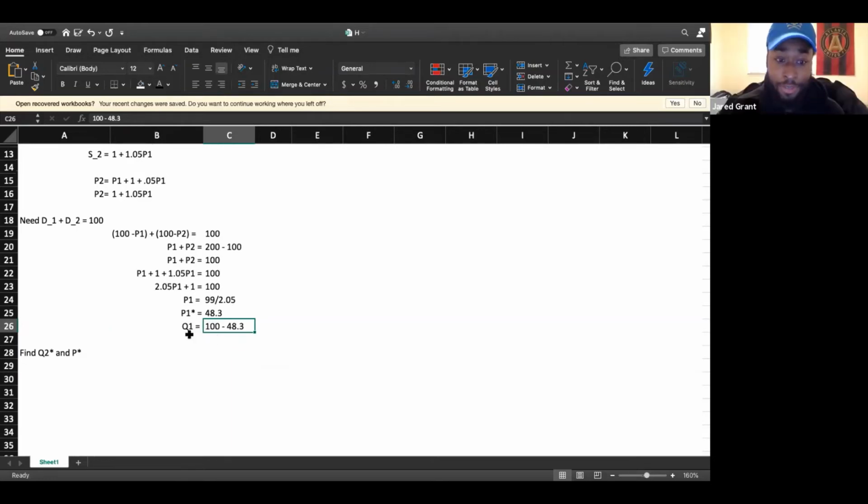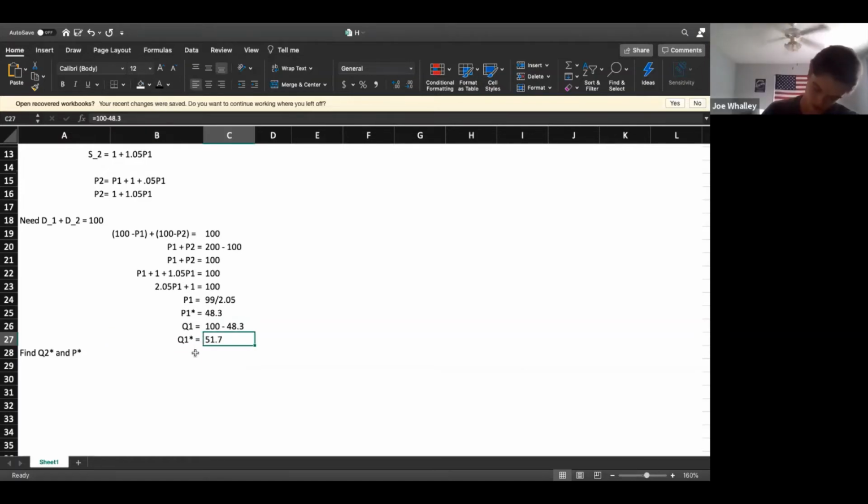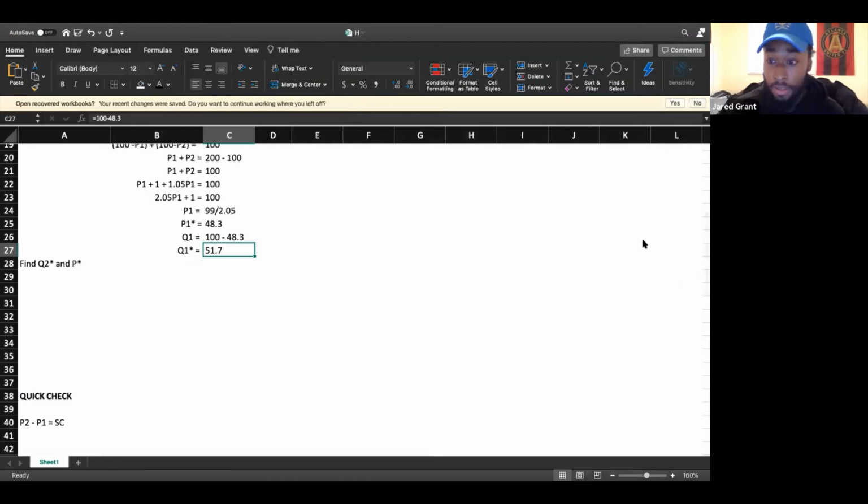So like you said, plug that back in and wind up with Q1 star equals 51.7. And like you said earlier regarding how I find P1 star, I'm glad you got ahead.